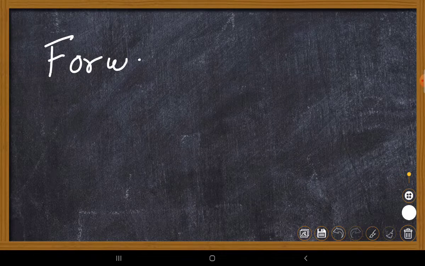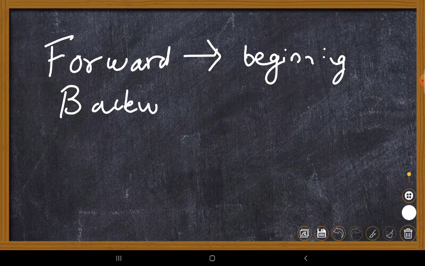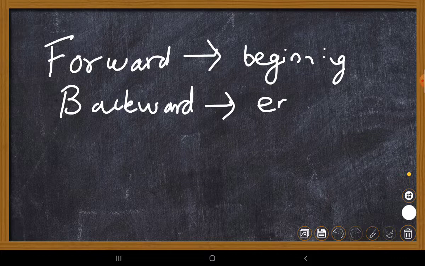Okay, so I hope you remember. I'll just repeat this again. Forward interpolation is used when the missing value is in the beginning of the series, and backward interpolation is used when the missing value is towards the ending of the series.